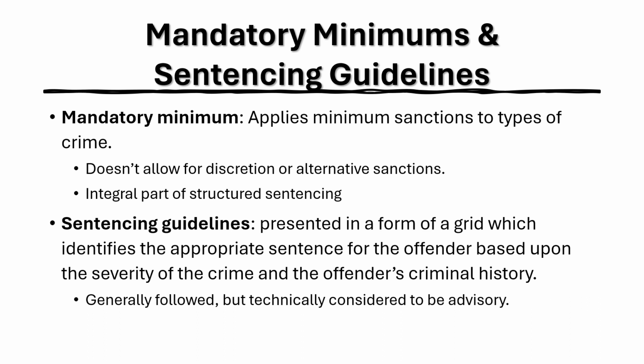Mandatory minimums typically come in the form of sentencing guidelines, and sentencing guidelines are grids that help judges identify the appropriate sentence for the offender based upon the severity of the crime and their criminal history. It's generally followed, but it's supposed to be advisory. So it's not supposed to be literal. Judges are supposed to be able to operate within the sentencing guidelines, but we do see that they're pretty generally followed.